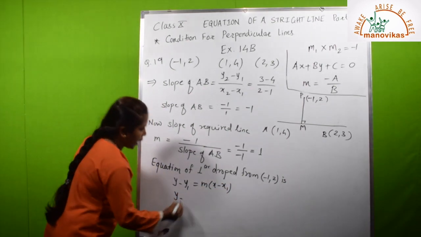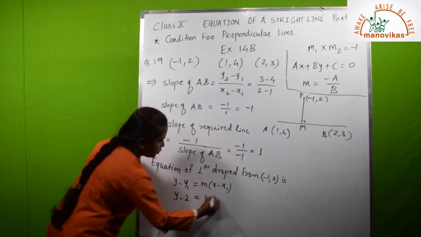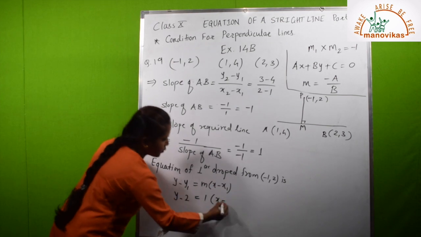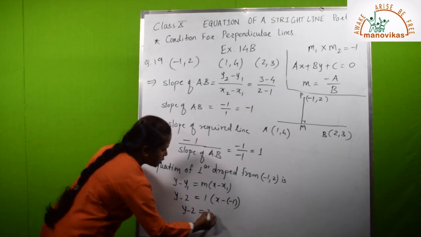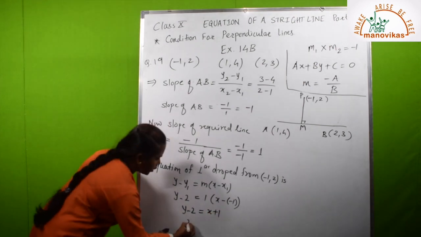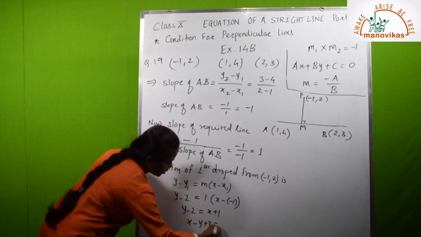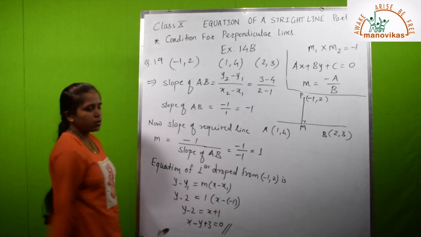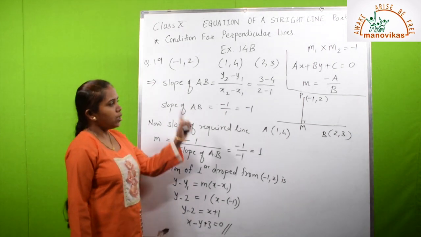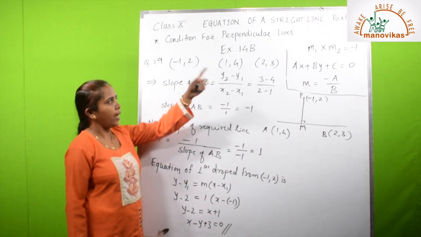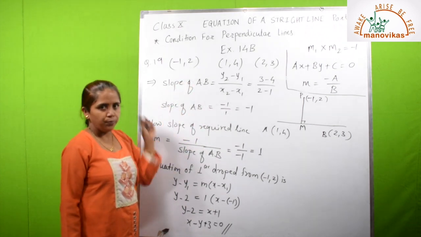So y minus 2 = 1 times (x minus (minus 1)). So y minus 2 = x plus 1. So the equation will be x minus y plus 3 = 0. This will be the required equation of the line perpendicular to the line joining A and B and passing through the point (minus 1, 2).